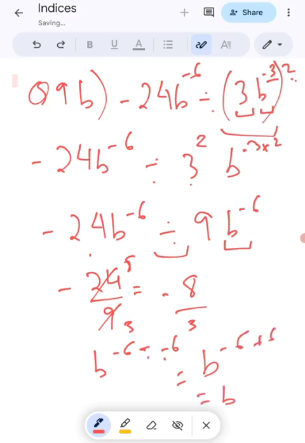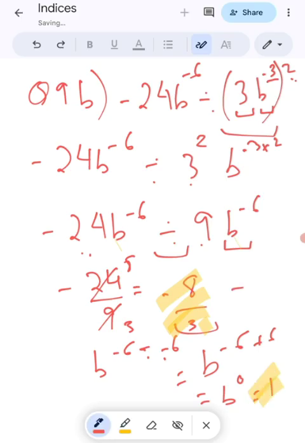Now b raised to the power 0, and anything raised to the power 0 means a 1, right? So I know that when I am dividing the two numbers, I got minus 8 upon 3. I can highlight this as well for your understanding. And when I solve these b's, I got b raised to the power 0, that is your 1, right?